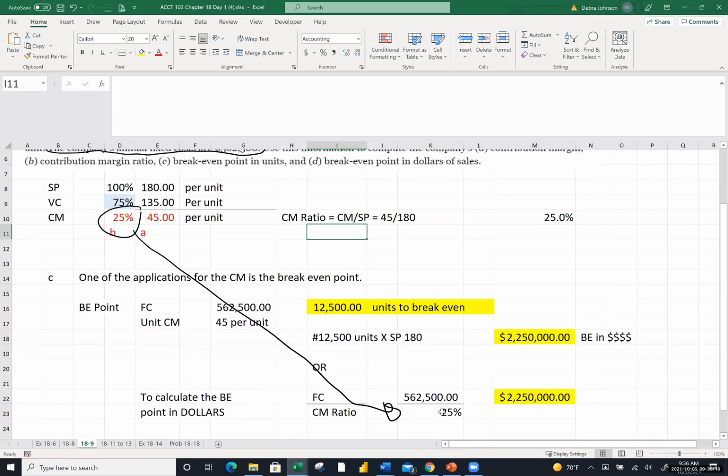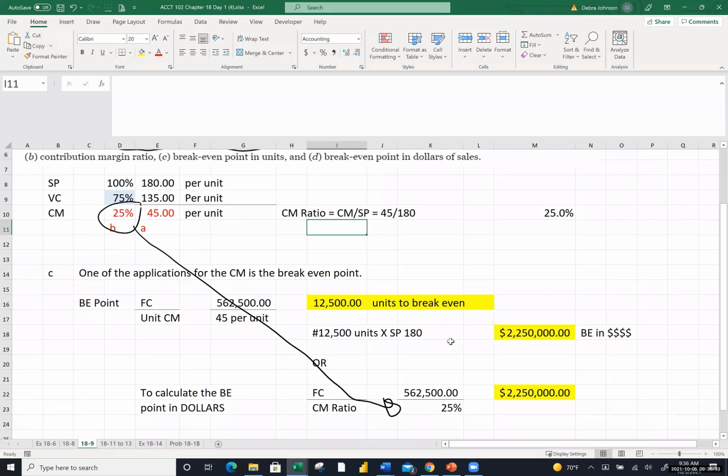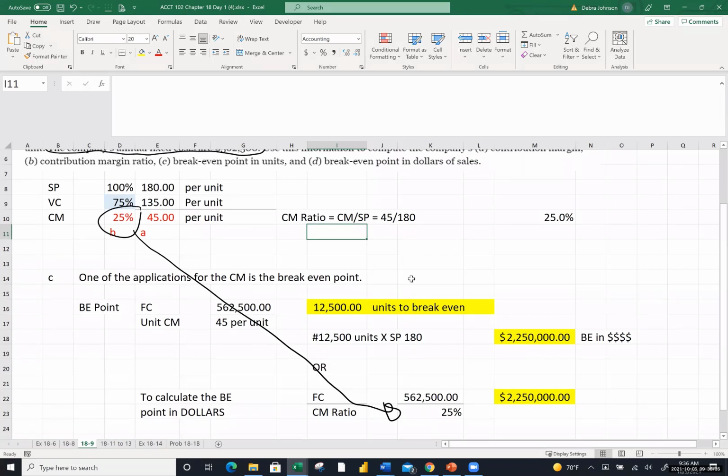On the break-even point, which was 562,500 divided by 45 per unit, the dollars in the beginning gave us units. So to get how many actual units of coffee cups we needed to sell to break even, we computed that by taking the fixed cost divided by the per unit contribution margin.